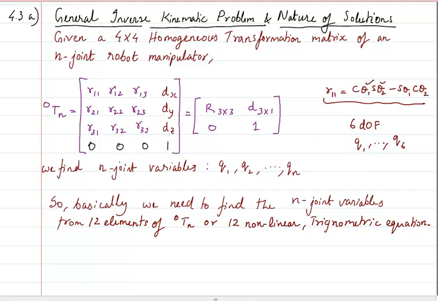No, because if you remember, this R matrix was an orthogonal matrix.